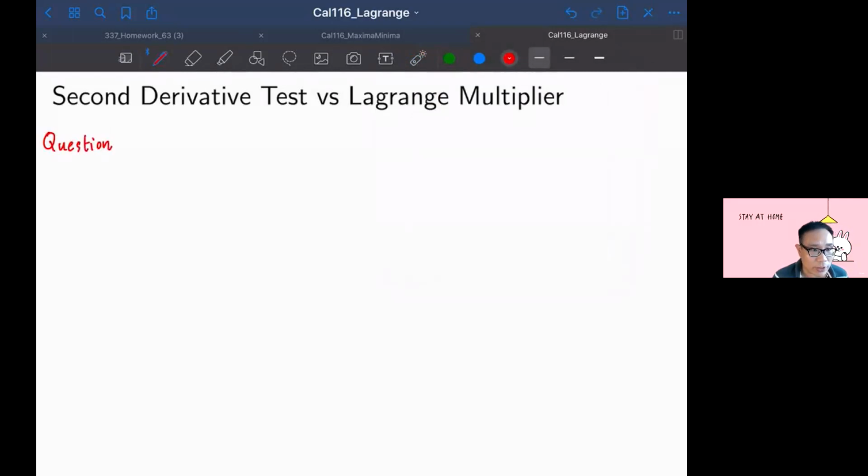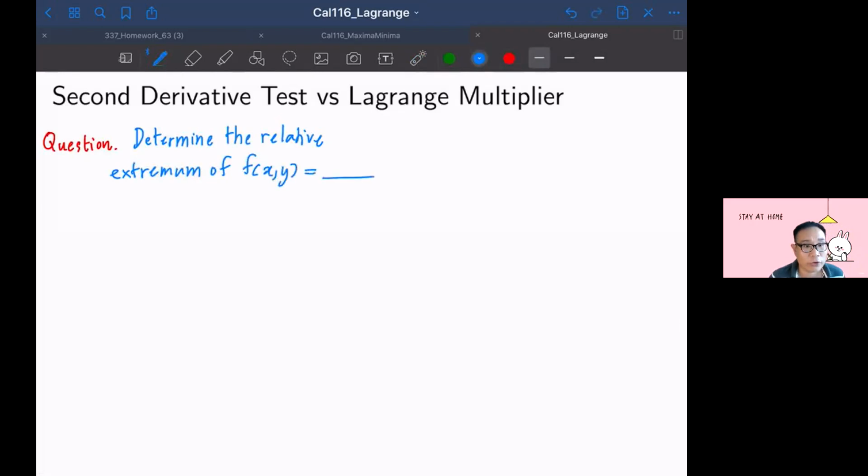So the question that you have is going to be: determine the relative extremum of f(x,y) equal to, and the question will give you the function f(x,y).